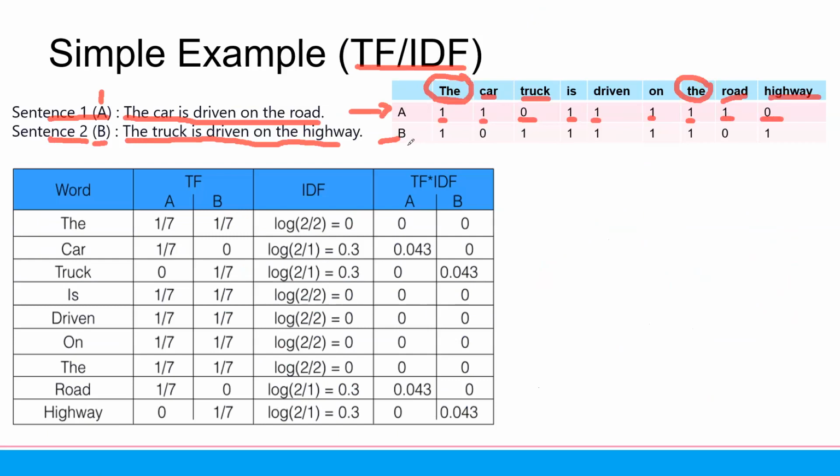Okay. For B, this is the term frequency, or we just have the frequency. The car is 0 and road is 0. We want to calculate the TF. TF is the term frequency, which is the ratio.